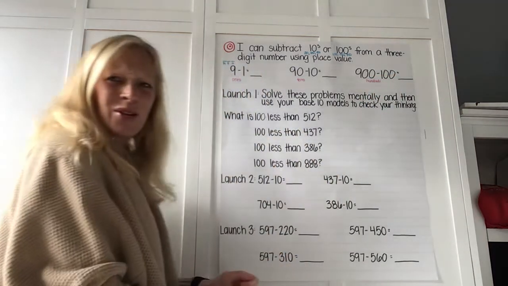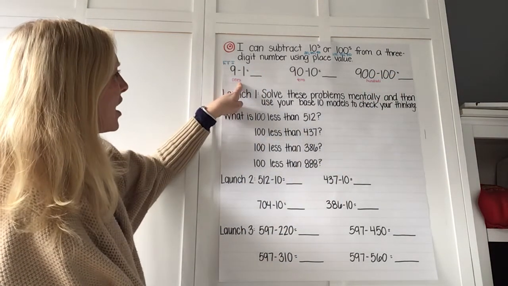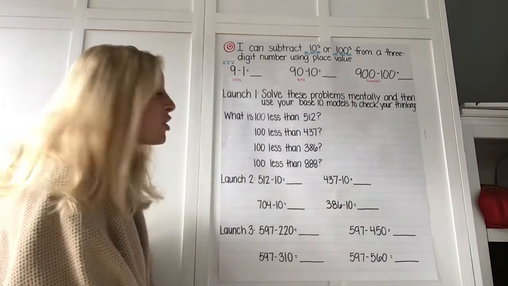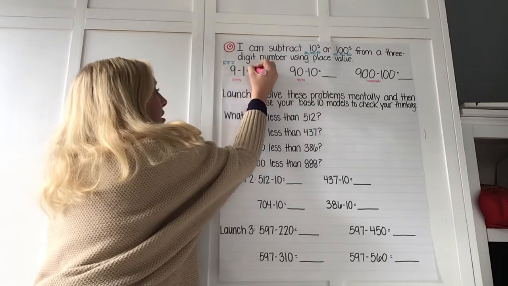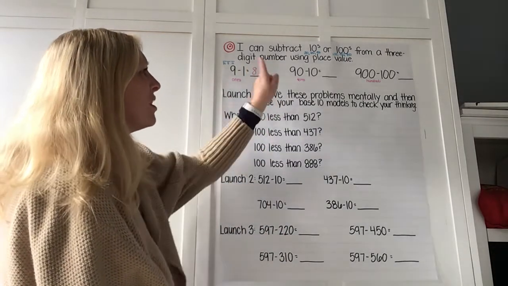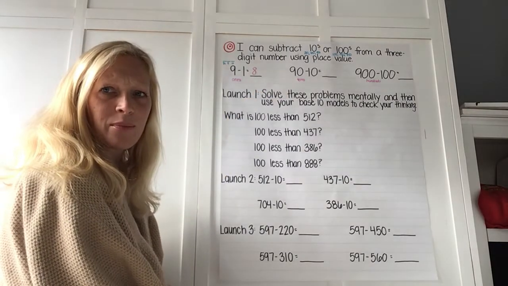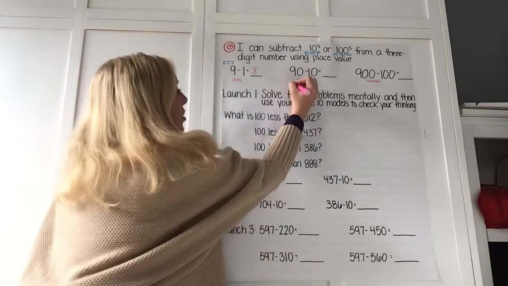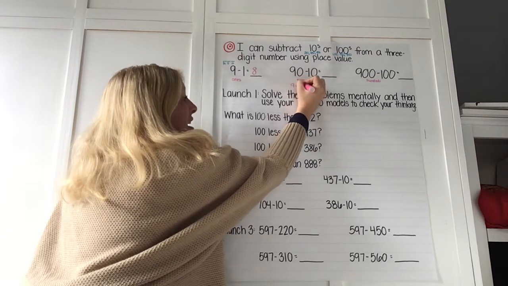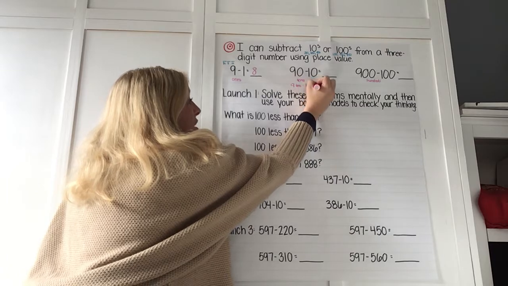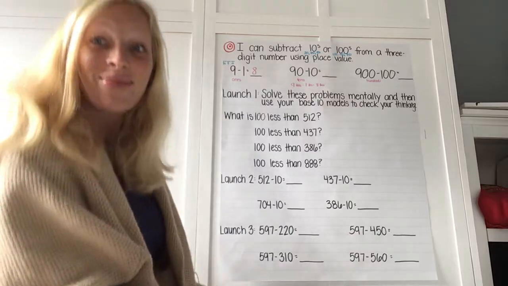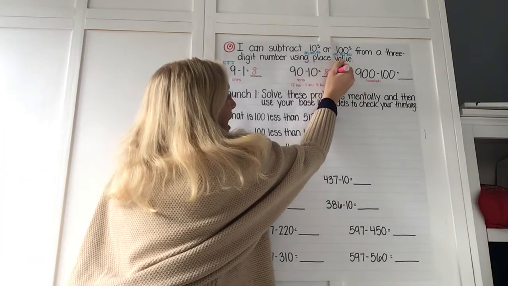How could we use this to help us solve those? So we know 9 take away 1 equals 8. So if we know 9 take away 1 equals 8, what would 90 take away 10 be? Right? So if we know that 9 take away 1 is 8, then 9 tens take away 1 ten equals 8 tens. And what is 8 tens worth? Yes, it's worth 80.